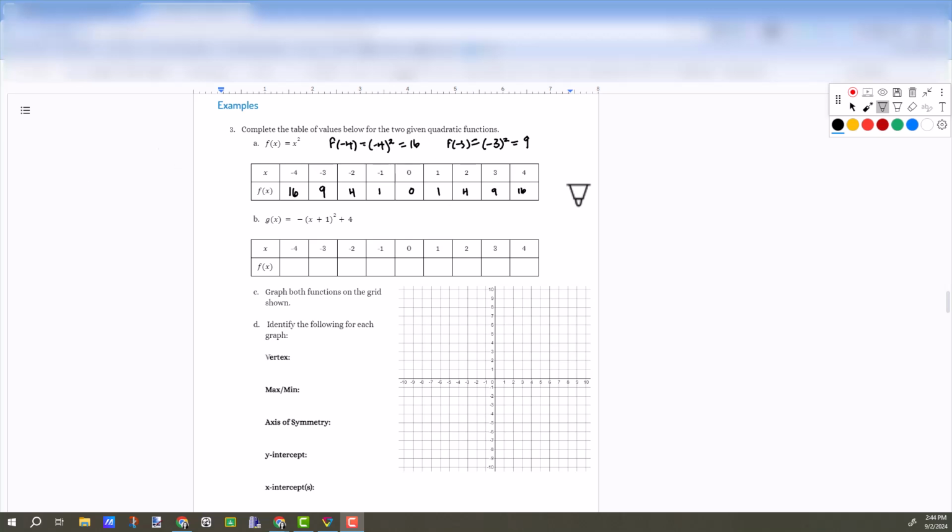Now let's do the next one. For the next one, we have a little bit of order of operation to consider. For instance, if I want to find g of -4, which is the first one there, and I plug that in, I have to make sure I'm remembering BEDMAS to do my brackets first. That's going to give me negative times -4 plus 1, that's -3.